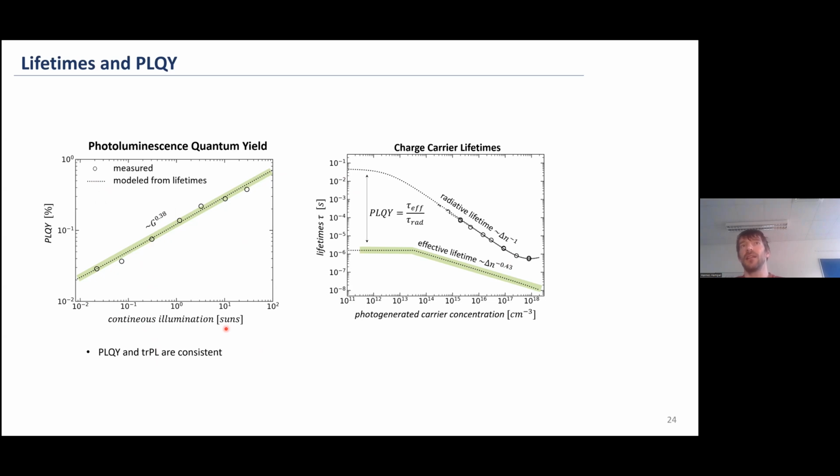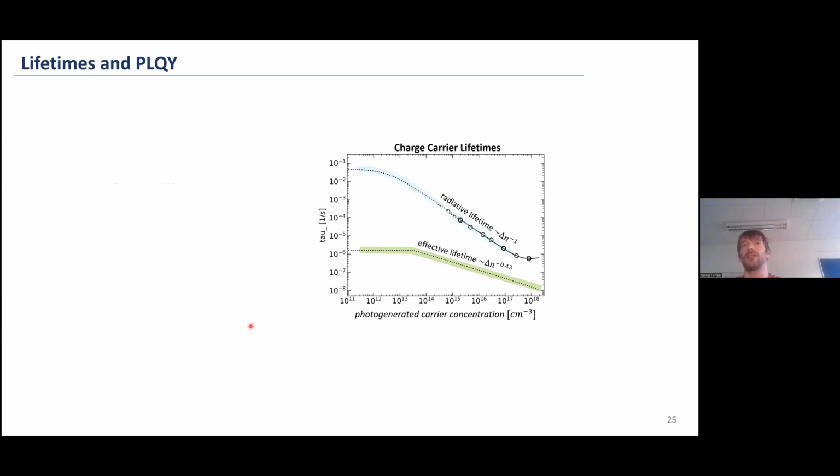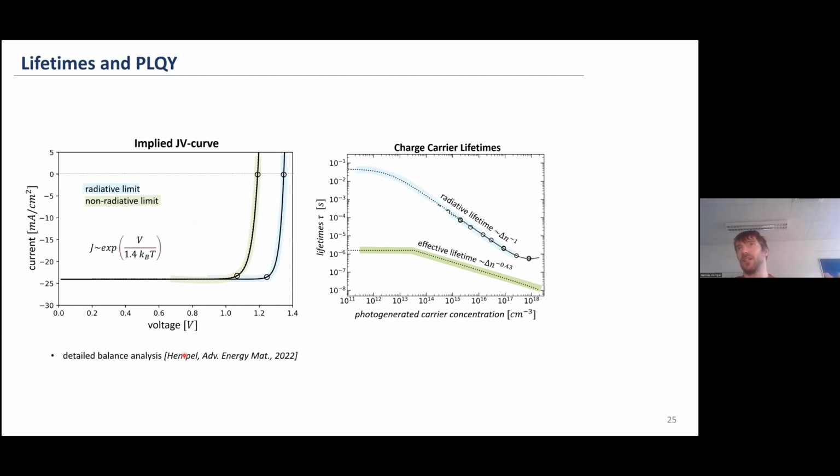The next thing you can do is a detailed balance analysis and convert this into an implied JV curve. If you want to go into the theory details, you can find them in my work. From the radiative lifetime, you get the radiative limit, with the Shockley-Queisser limit made a little more specific for the real absorption.